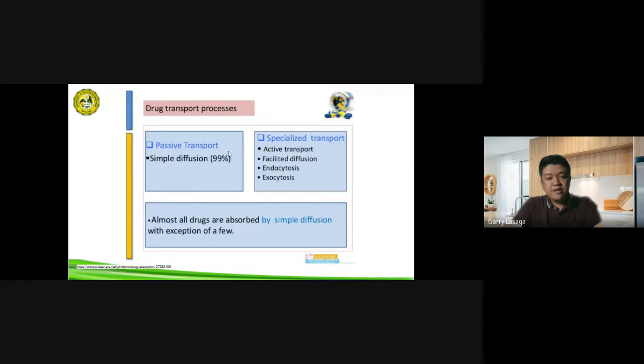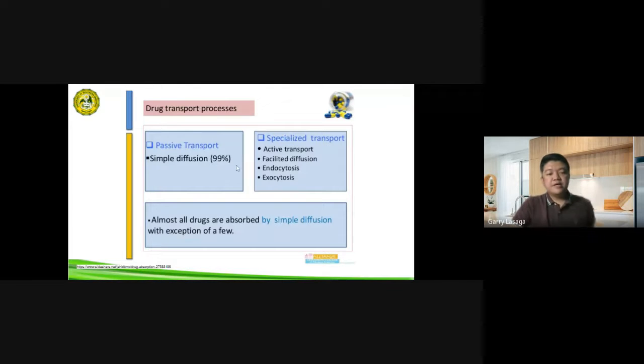So when we say passive transport or simple diffusion, majority of the drug transport process is executed through this particular type of drug transport mechanism, through passive transport or simple diffusion.